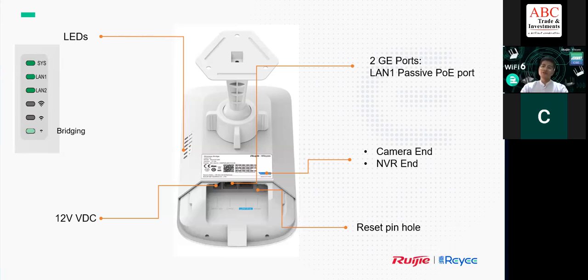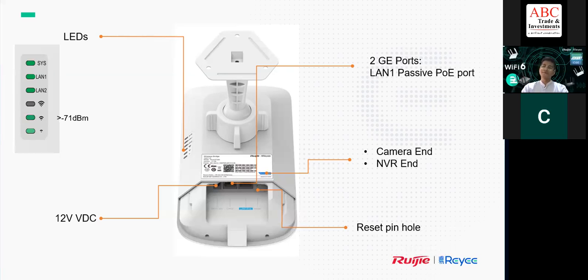For bridging, you can see the lights like this. So this is the bridging state between client and station. For the signal strength, you can check here. If you see the signal like that, this is a small signal, greater than minus 75 dBm. If you see the lights like this, it's minus 73 dBm.